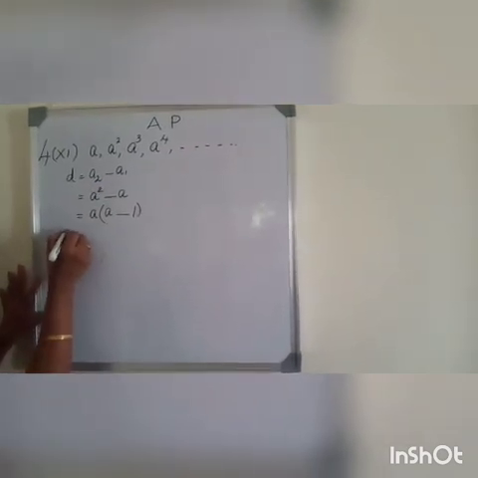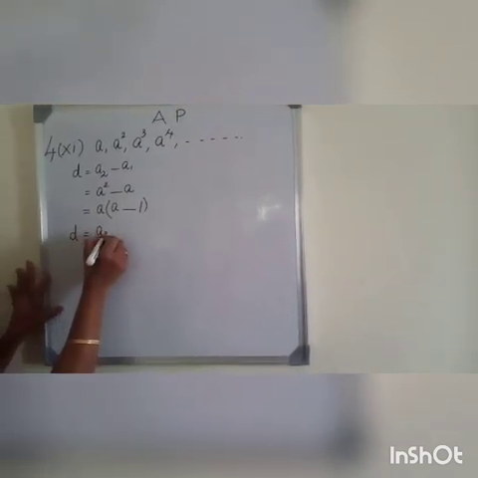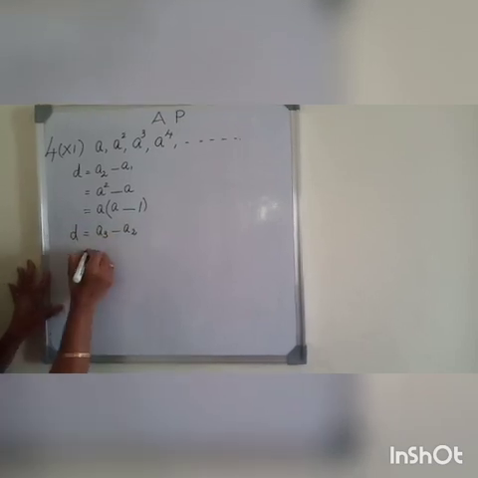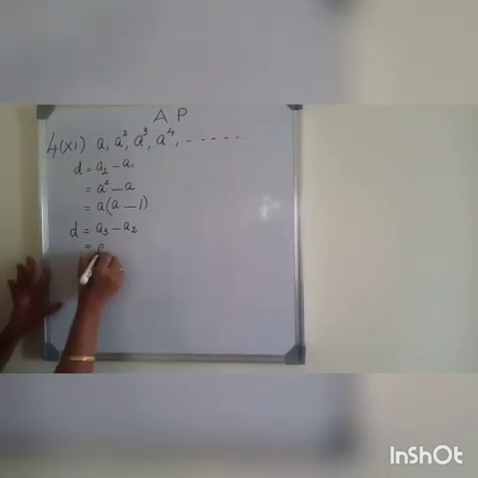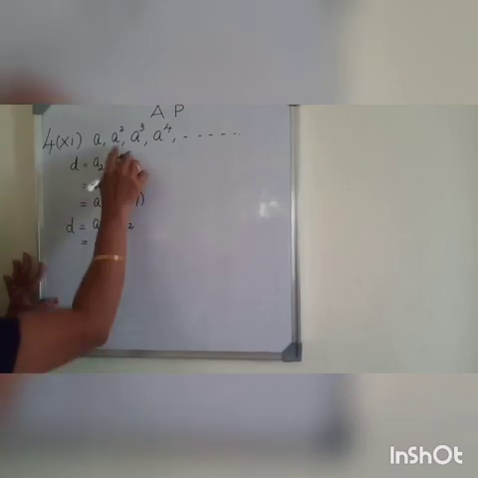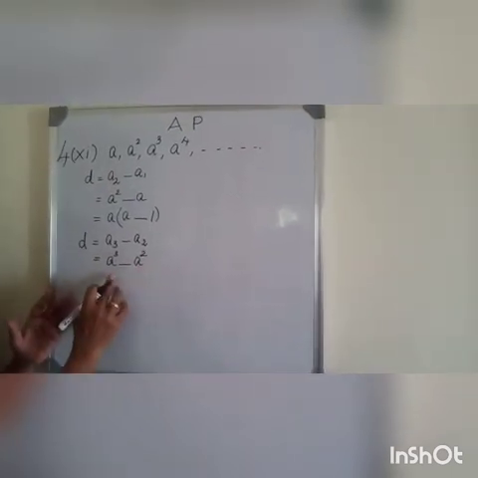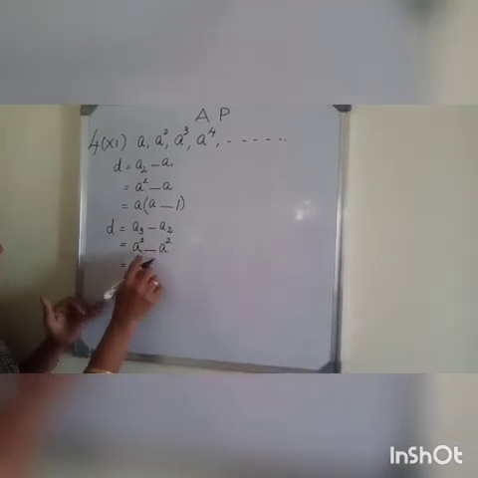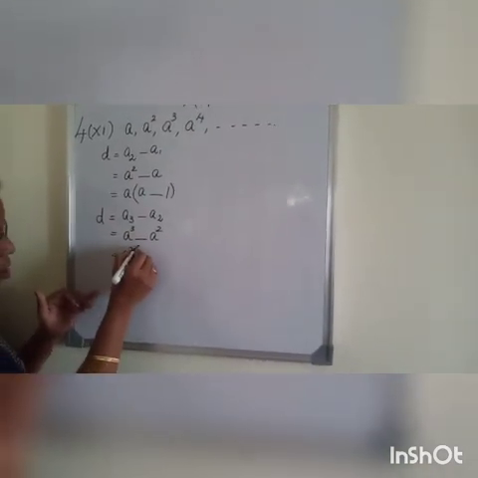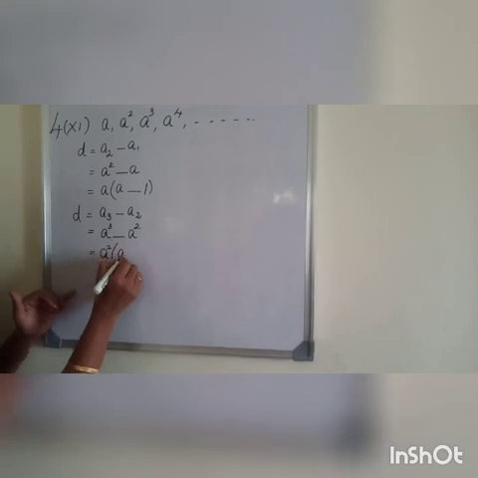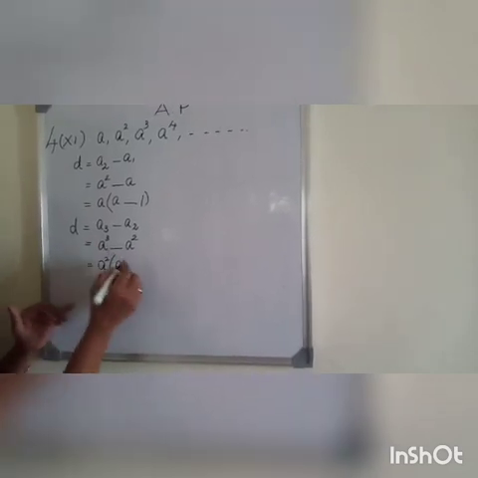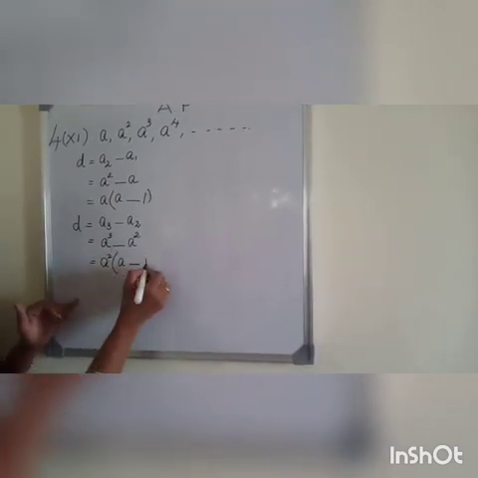Next, once again we will find D. It is A3 minus A2. A3 is A cube minus A2 is A square. The same way, A cube minus A square. We cannot subtract. At most, A square we can take common. The remaining term is A, because A square into A is A cube, minus here it will become 1.